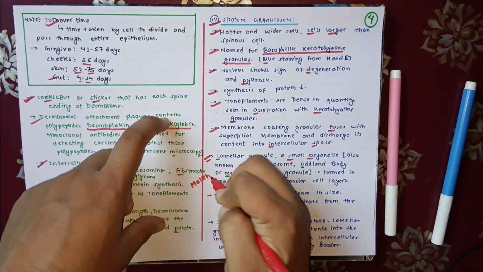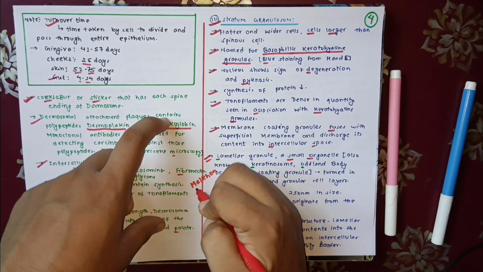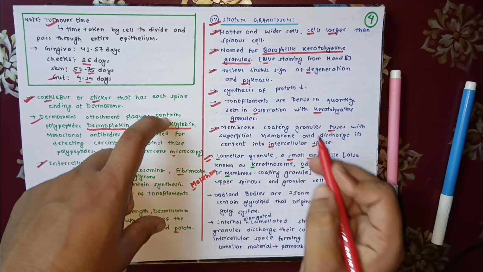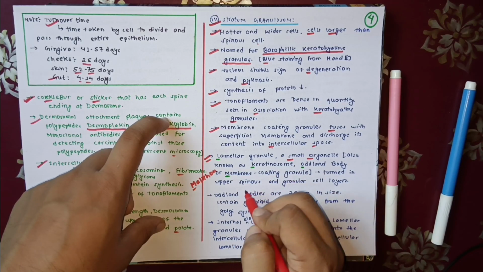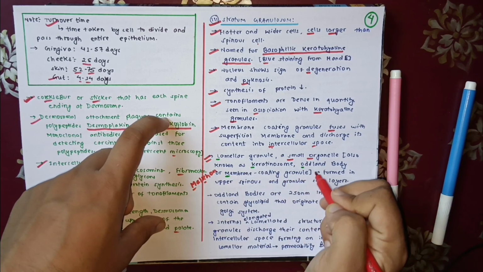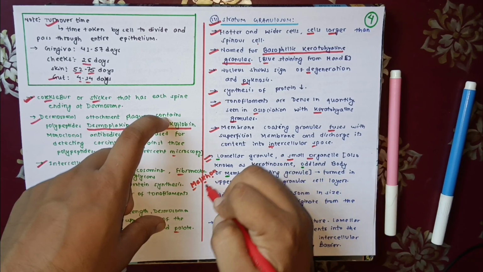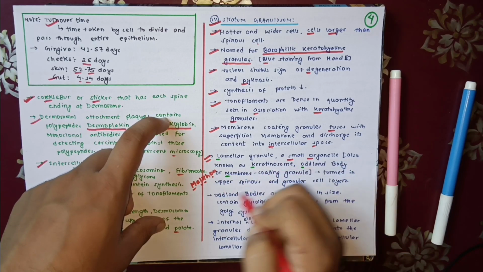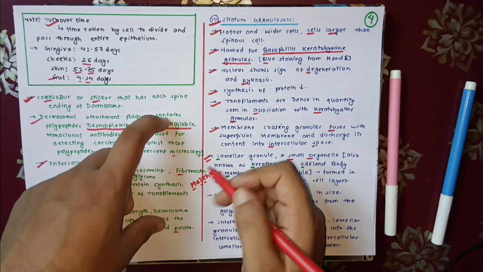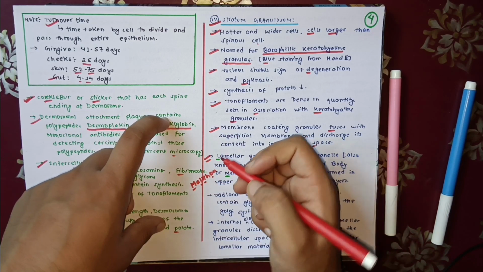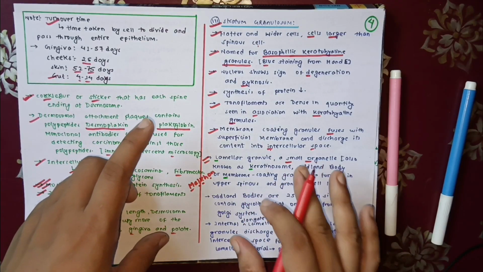That is MKOL, which you can remember. M means membrane coating granules, K means keratinosome, O means Odland bodies, and L means lamellar granule. You can just repeat it and remember it.